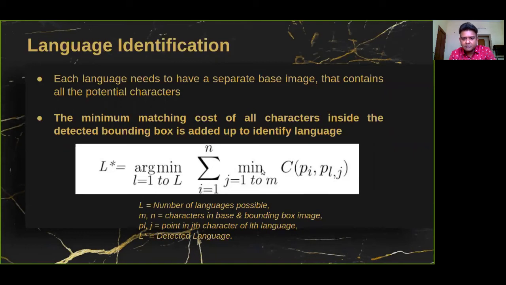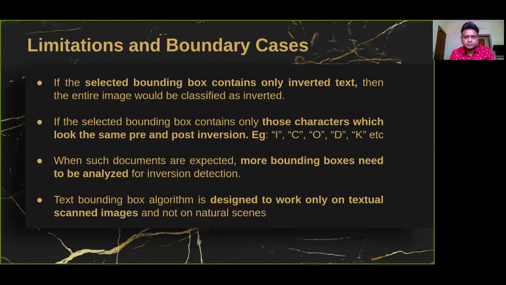We will find the minimum matching cost with each of the 10 base images, and see for which language we are able to minimize the total cost the most. That is how we can identify the language of the document from L languages. After that, we can do the bounding box detection, and the inversion detection also.